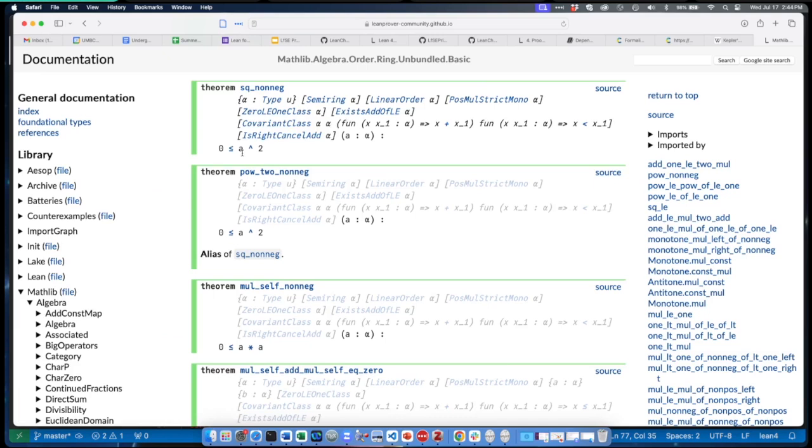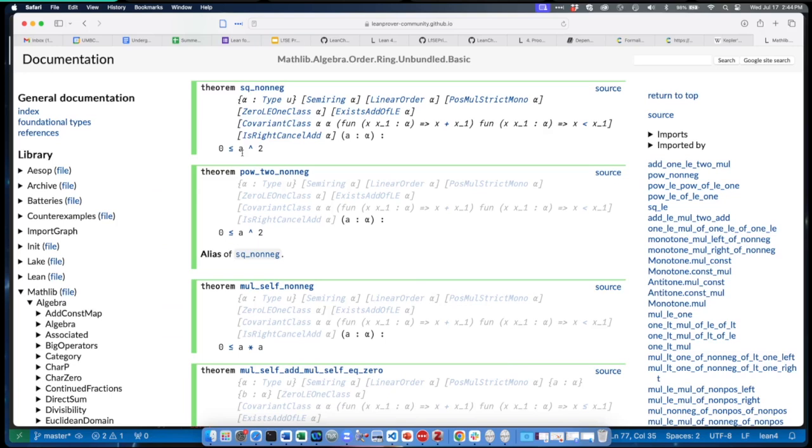That's not the best version of this statement because there are more generic forms of it, where there are other types than real numbers for which this would hold. And so that also holds for naturals.